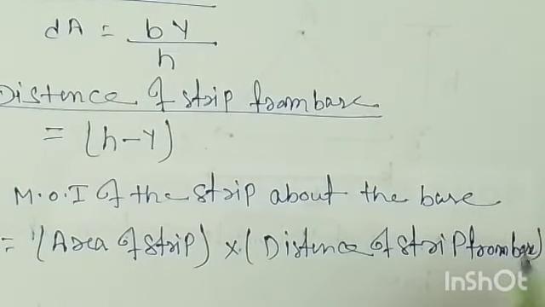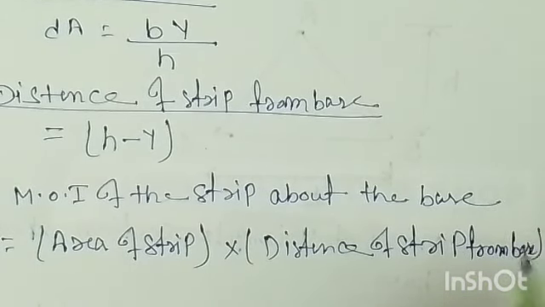You can see this area depends totally on h and y, right? So b by h we can take common. Sorry, here the area of a strip is b by h into dy. This was a mistake: we have taken dy here, but at that time we forgot to write it.